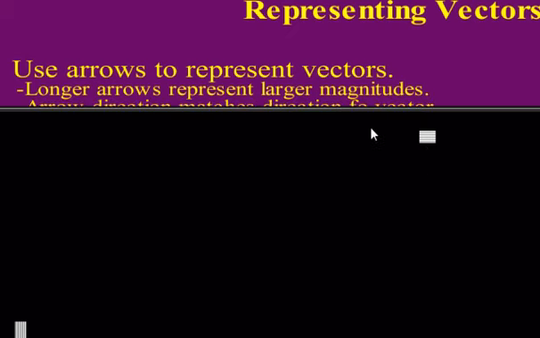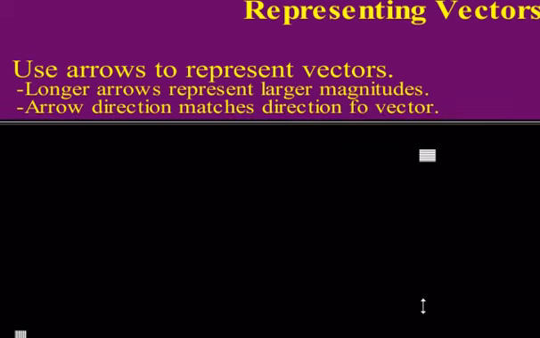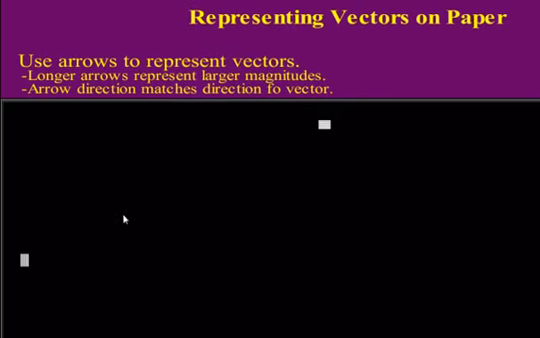Secondly, arrows also have direction. So if there's a velocity vector of 60 miles per hour north, we can draw an arrow up, and say that that's going to be north.